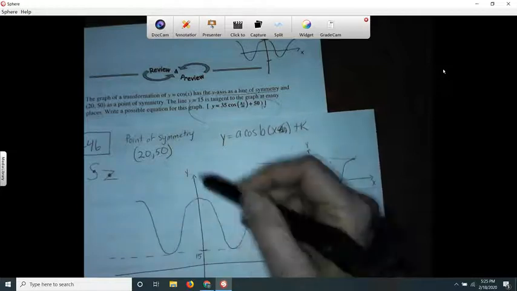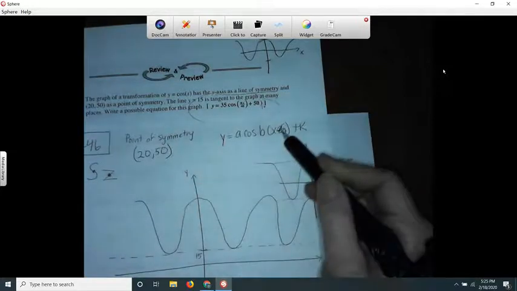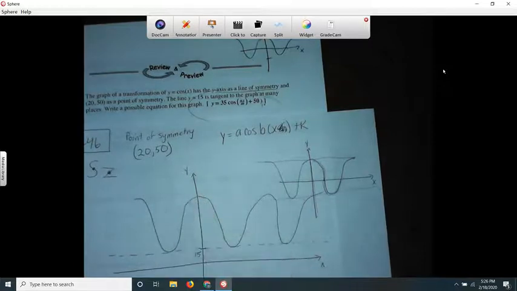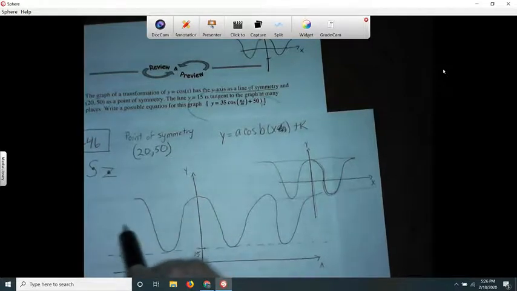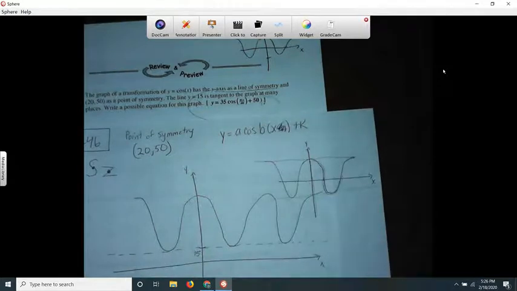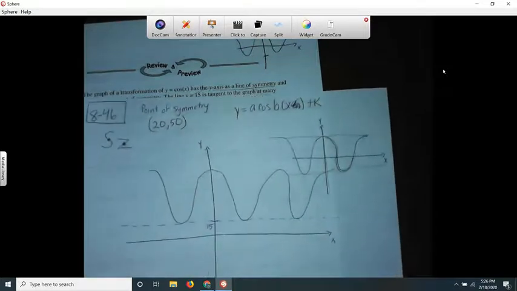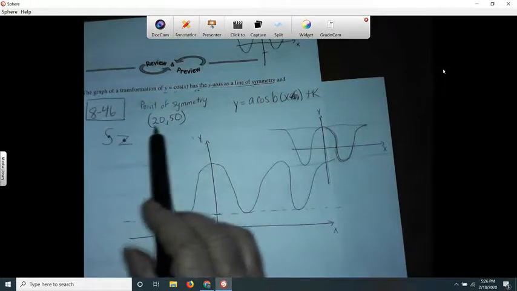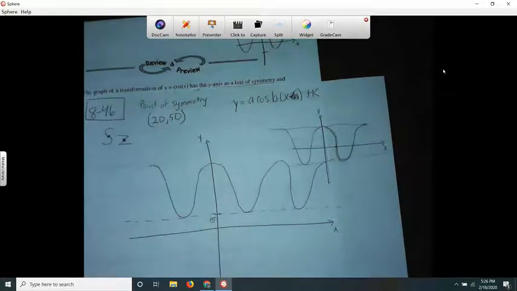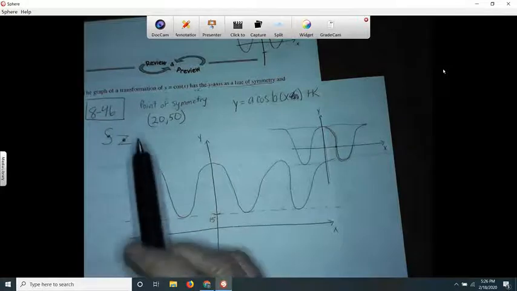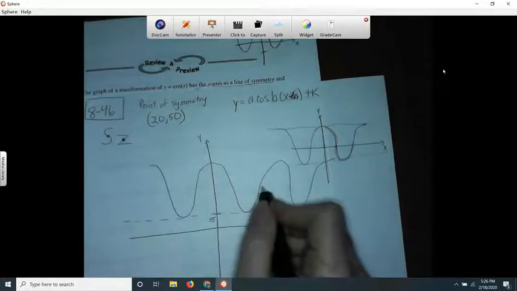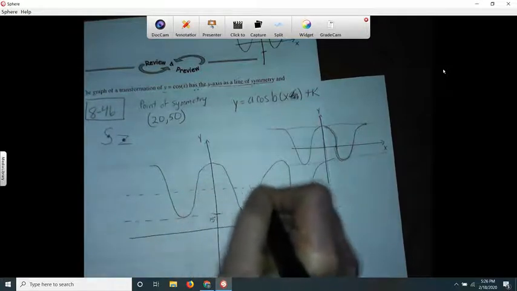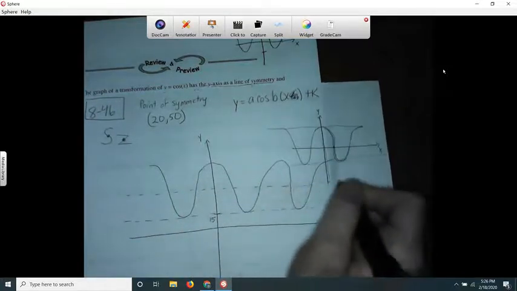We know that it has this symmetry right here, so if we can find where the top of it is, then we can get the midline to give us K, we can get the amplitude, we can eventually find the period. I think we're going to have to use this to get all the rest of the information. So we know there's a midline somewhere. I don't know what it is yet.